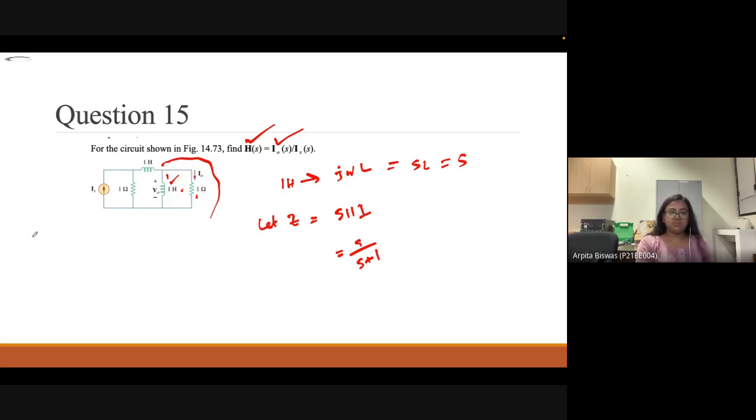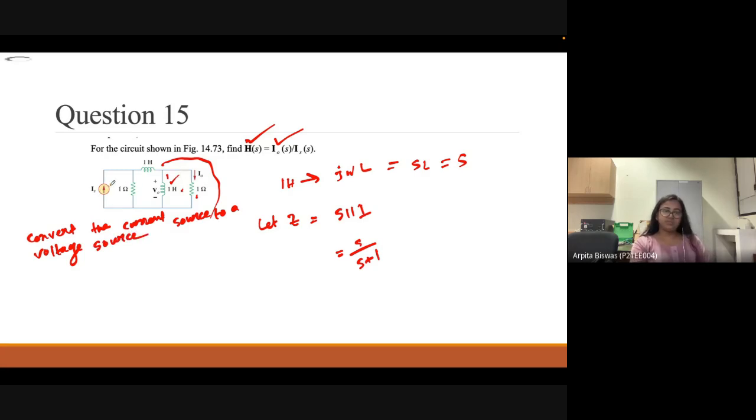Now convert the current source to a voltage source. So what will happen in that case? The current source is converted into a voltage source.